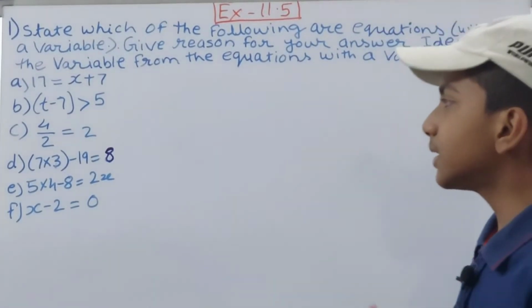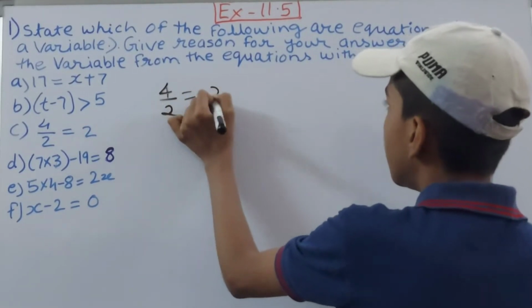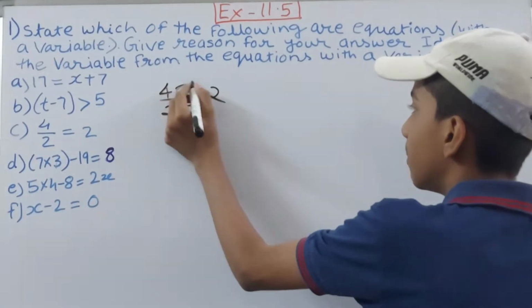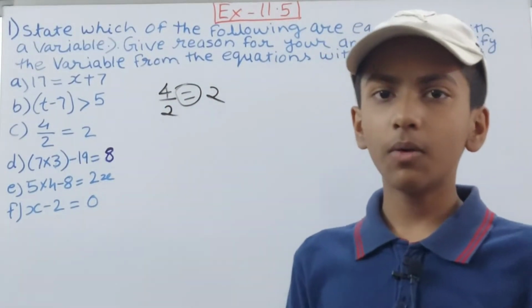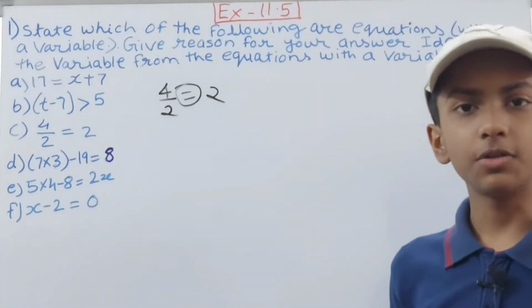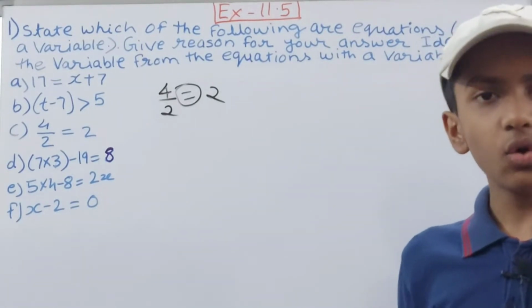Now next part is this one. 4 upon 2 is equal to 2. Now if you see here, there is an equal sign here, but it is not an equation with a variable, because it is a numerical equation. Why? Because only numbers are used here, there is no variable.